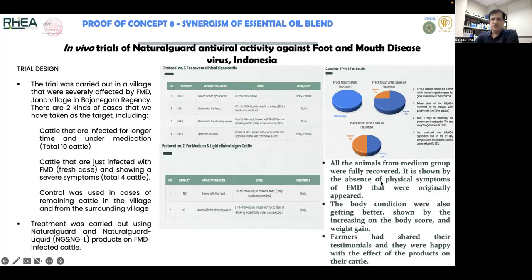It is shown in the absence of physical symptoms of FMD that were originally appeared. The body condition was getting better, shown by the increasing body condition score and weight gain. Farmers had shared their testimony and were happy with the effect of products. All the trials were tested by real-time PCR, and it has given very good efficacy.